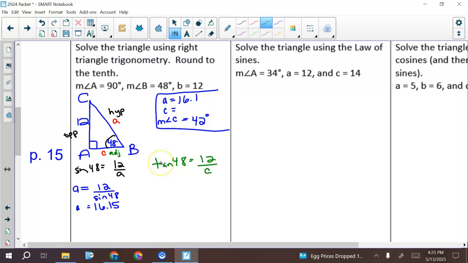If we multiply both sides by C and then divide by tangent 48, we get C equals 12 divided by the tangent of 48. And C equals 9.9, to the nearest tenth.